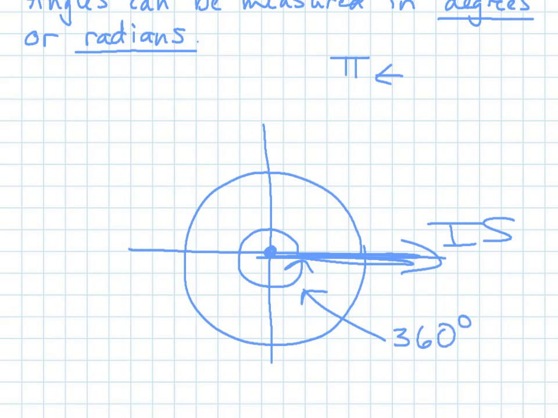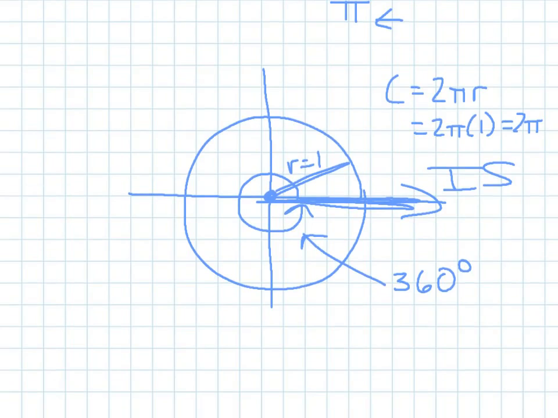Now let's also say that the radius is 1. Can you tell me what the circumference of this circle is? If you remember our formula for circumference, it's 2 pi r. So if the radius is 1, that means the distance around our circle is 2 pi. So that's the same as going 360.